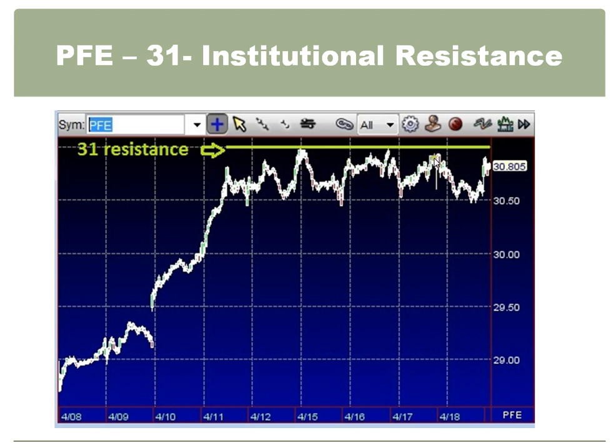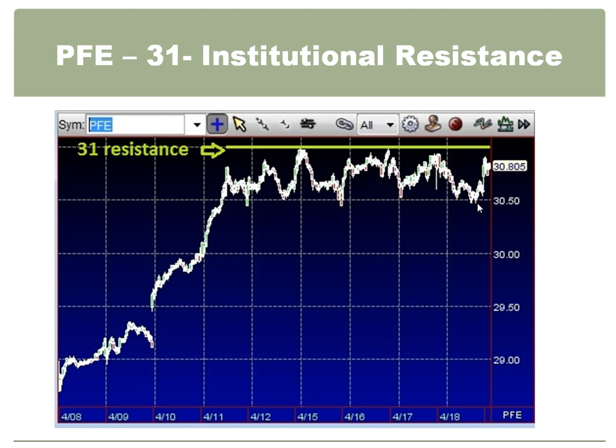An institution having a big order resting at 31, so the high frequency traders lay out those offers ahead of it, knowing pretty well that if they're quick they can cover at the $31 level. What's interesting about this chart is as many times as they hit 31, it's come back down to 30.45, 30.50. I believe it did that almost 5 days in a row.